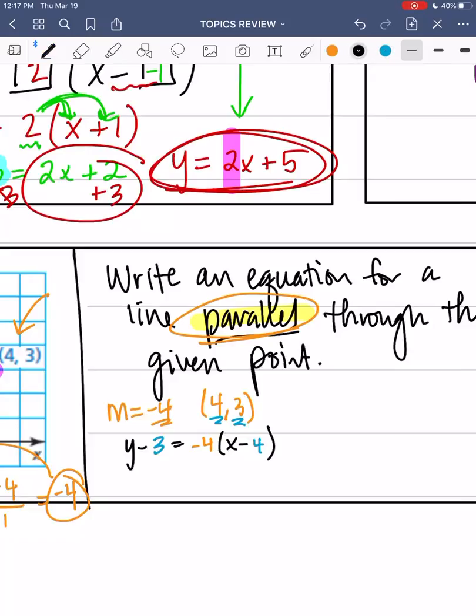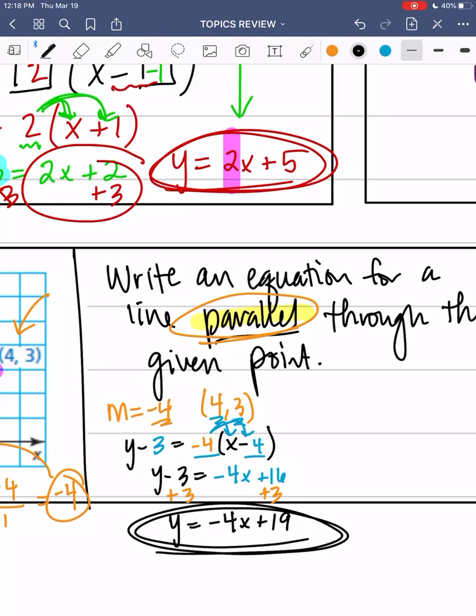Okay, so y minus 3 equals, we got to distribute this negative 4 in. Negative 4 times x gets me negative 4x, and negative 4 times negative 4 is positive 16. Last step, we need to move this minus 3, so we do plus 3, and we end up with y equals negative 4x plus 16 plus 3 is 19.